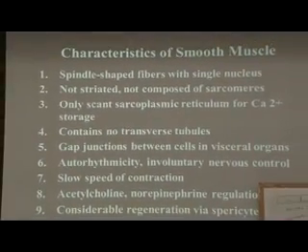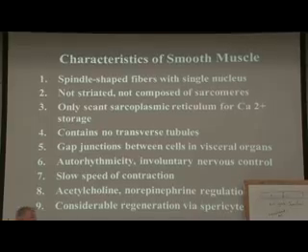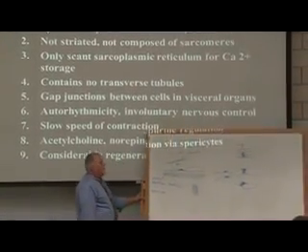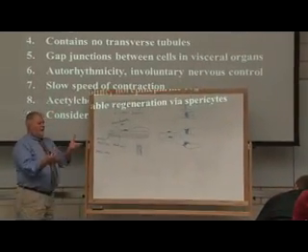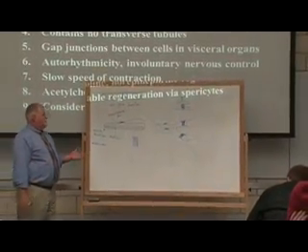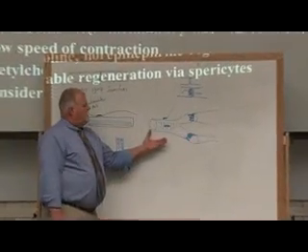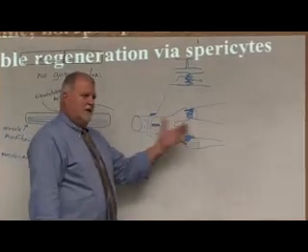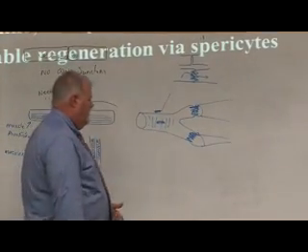So now we want to go to smooth muscle. And smooth muscle is constructed very different than the other two. So what we're going to see if we compare the characteristics of the muscle is that cardiac and skeletal muscles share more characteristics than smooth muscle does with any of the other two.